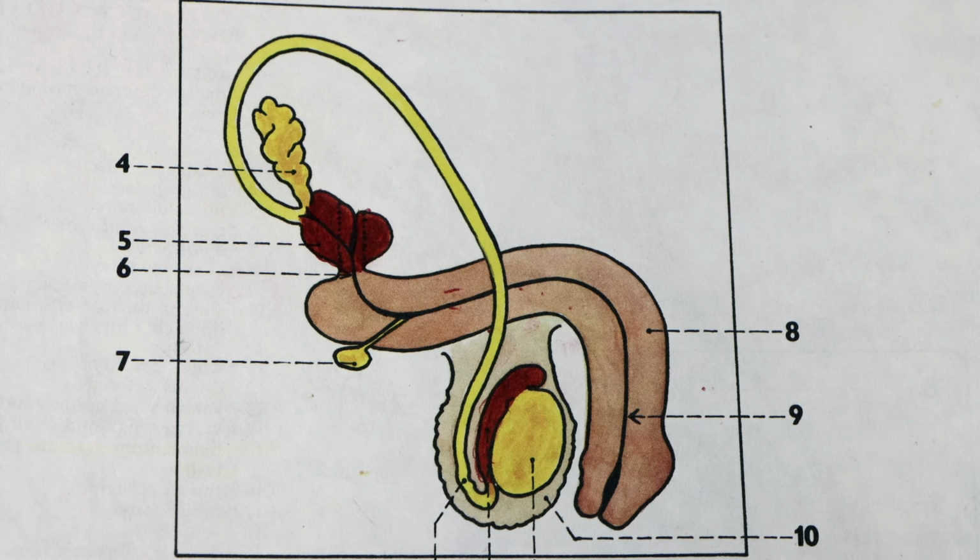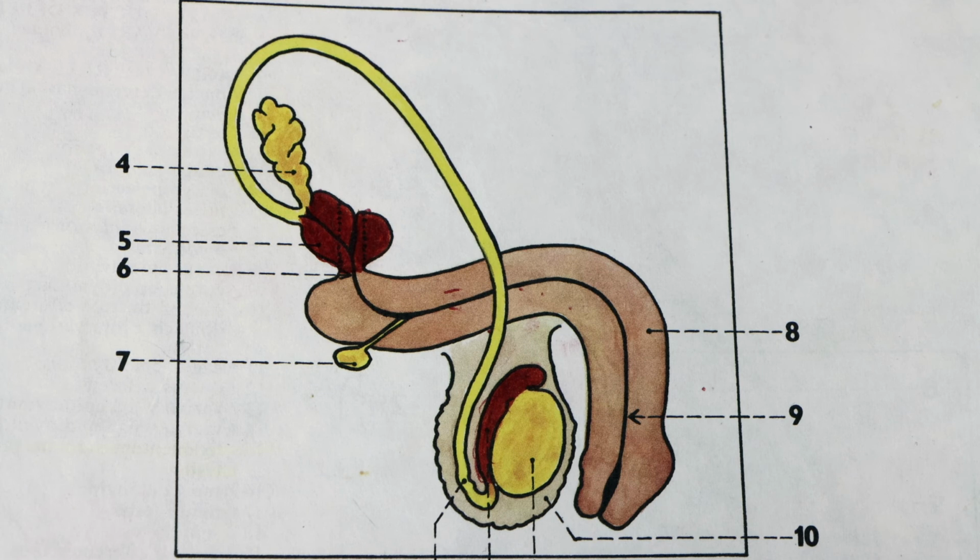Regarding the male genital organ, it is divided into two main parts: internal male genital organs and external male genital organs.